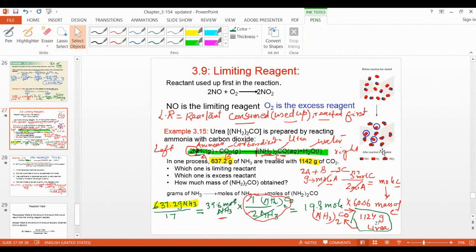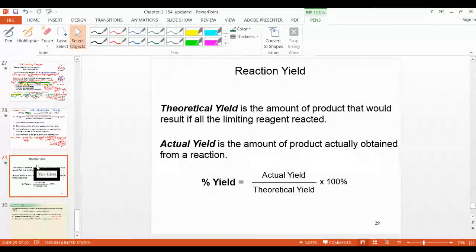So which one is limiting? The first one. Ammonia is a limiting reactant because ammonia is consumed first. If ammonia is consumed first, that's why you get the lesser quantity of urea. And carbon dioxide will continue. It will not finish first. So that is the excess reactant. All right. So the limiting reactant and the excess reactant, just 1 minute.